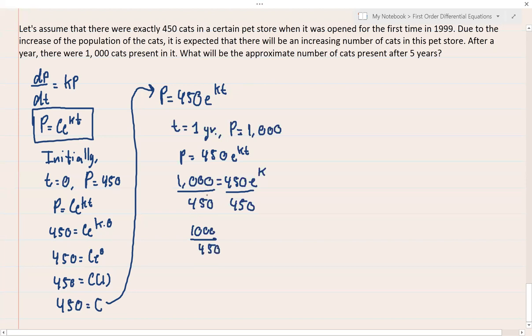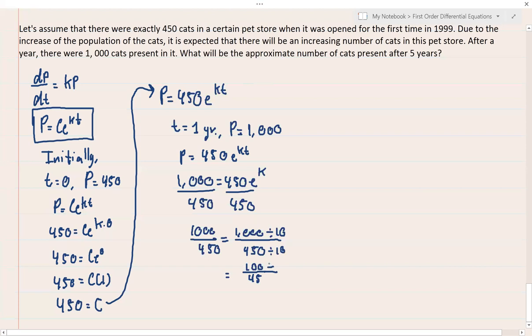Both of them are divisible by 10. So 1,000 divided by 10, and sa baba rin, 450 divided by 10. So magiging 100 all over 45.